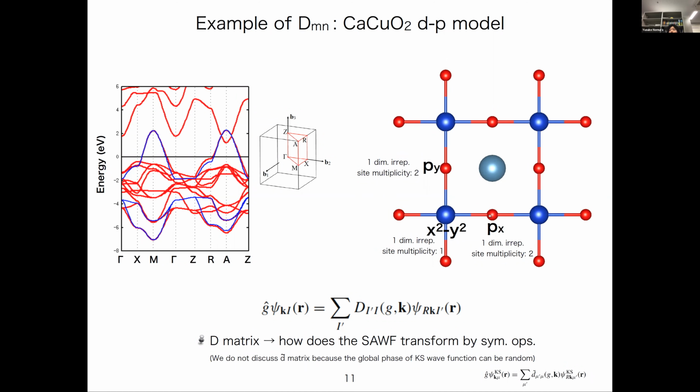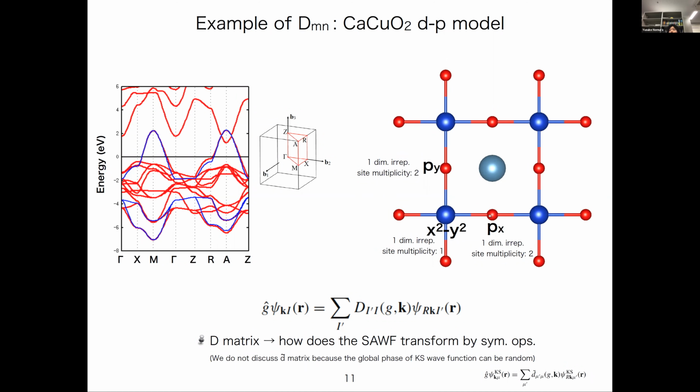Now I have some questions. The first question is, can we perform the symmetry-adapted Wannier function calculation for any crystalline compound? Of course, if the crystal does not have symmetry, we cannot. There is no concept of symmetry adapted.